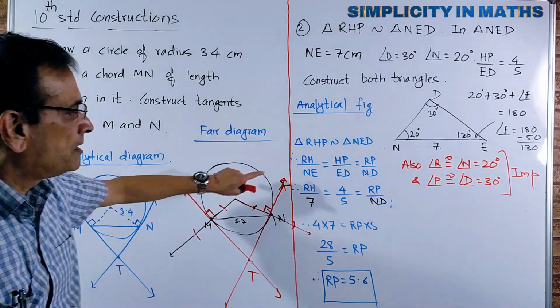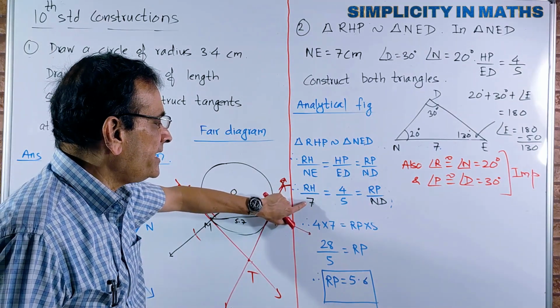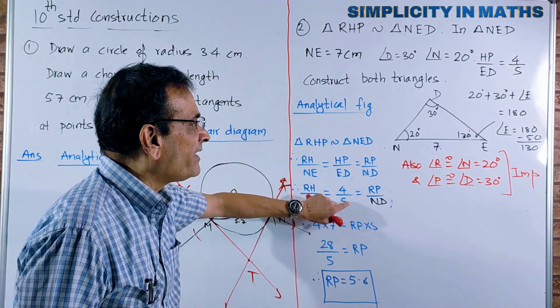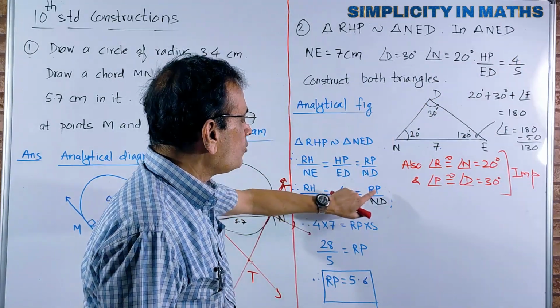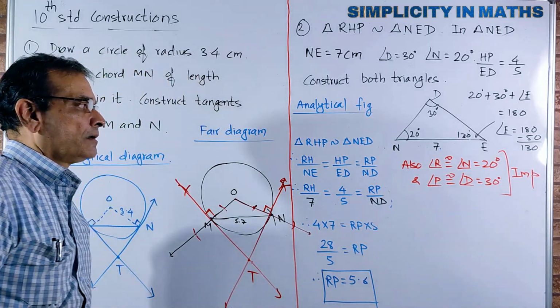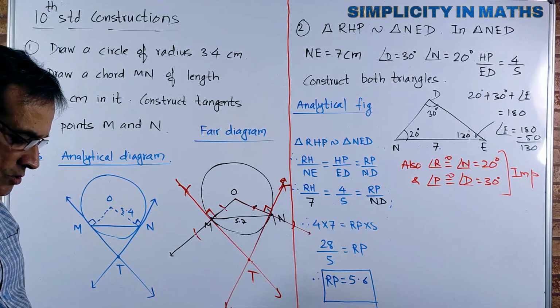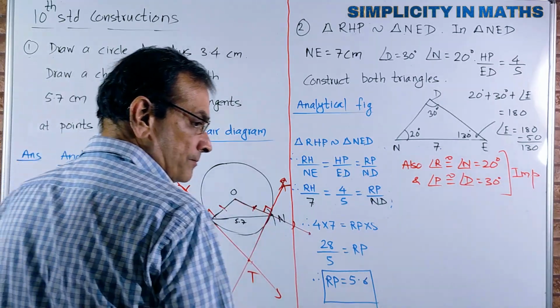Check करो वापस. After writing CSST, RH upon NE is equal to 4 upon 5. This ratio is given to us. Is equal to RP upon ND. Okay. So whatever is given, check that first. क्या दिया हुआ है?